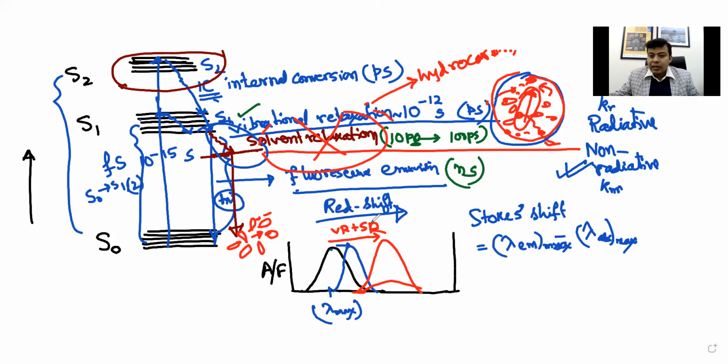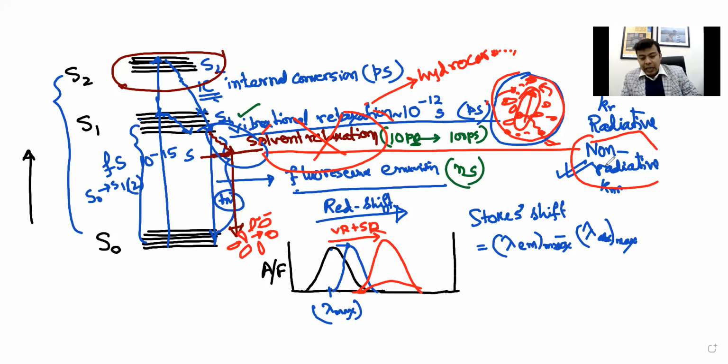So non-radiative processes will also be less efficient for hydrocarbon. Therefore, you are going to see much higher fluorescence in hydrocarbon or in a hydrophobic environment.